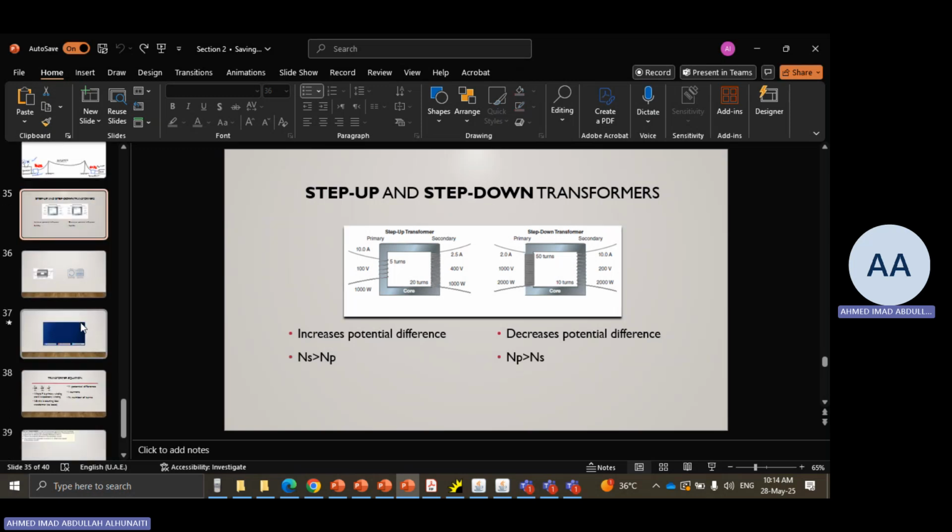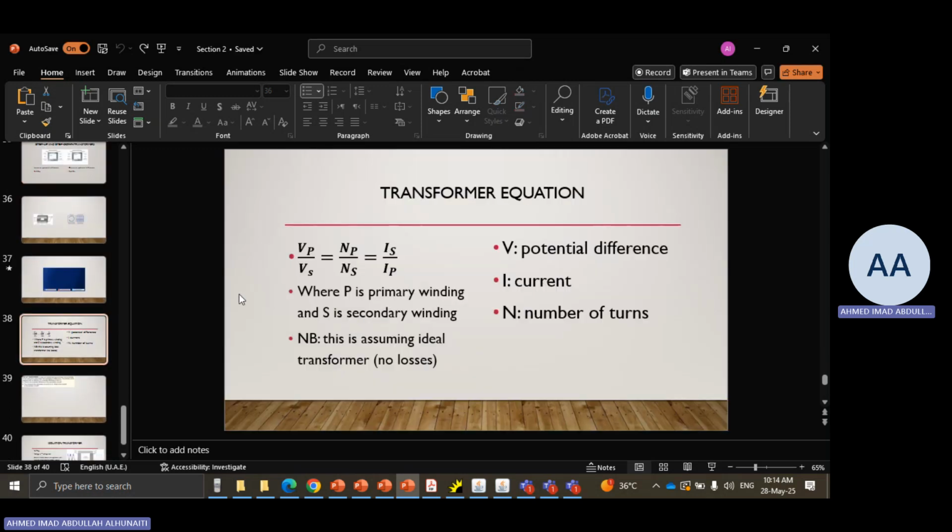Let's have a look at the transformer equations. VP, which is the primary side voltage over the secondary side voltage, equals NP over NS, which is the number of turns at the primary side over the number of turns in the secondary side. This is known as the turn ratio.